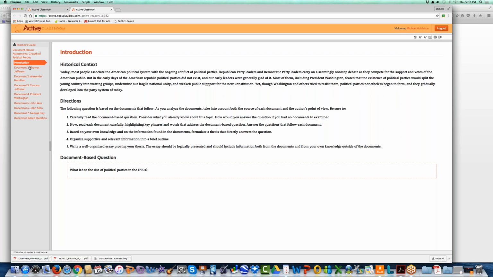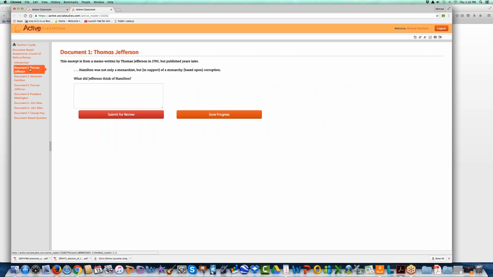So what I do here, for the sake of expediency, there's an excerpt here from Jefferson about Hamilton, very short. Hamilton was not only a monarchist, but in support of a monarchy based on corruption. So we ask the students to type in their answer here. What did Jefferson think of Hamilton?